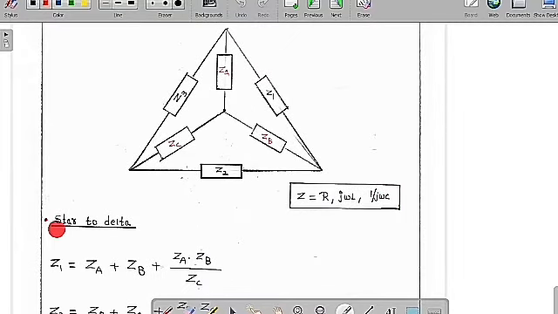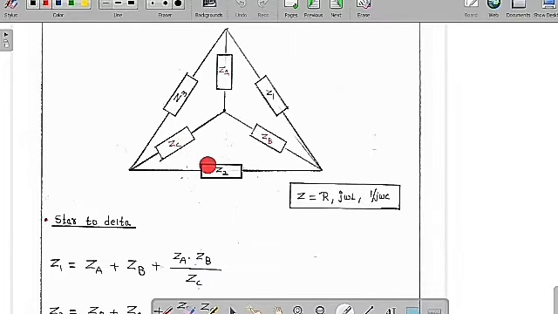But suppose you want to convert from star to delta, meaning if you know the star values, how to get the delta values. If you want Z1, then this Z1 is connected to ZA and ZB. So you have to add these two elements, which is ZA plus ZB, plus the product of these impedances, which is ZA into ZB by the opposite impedance ZC.